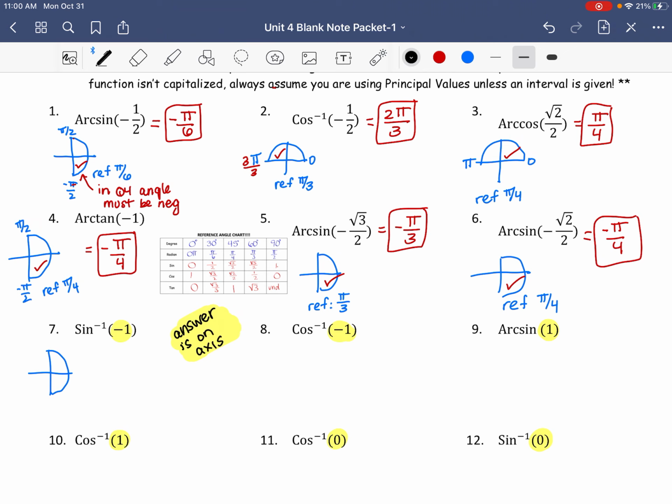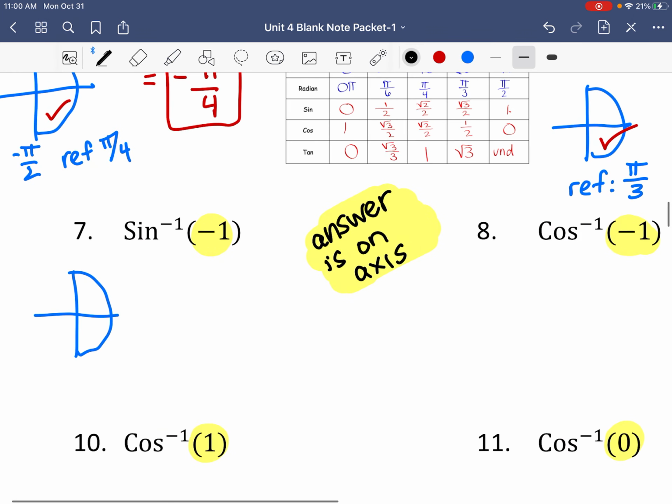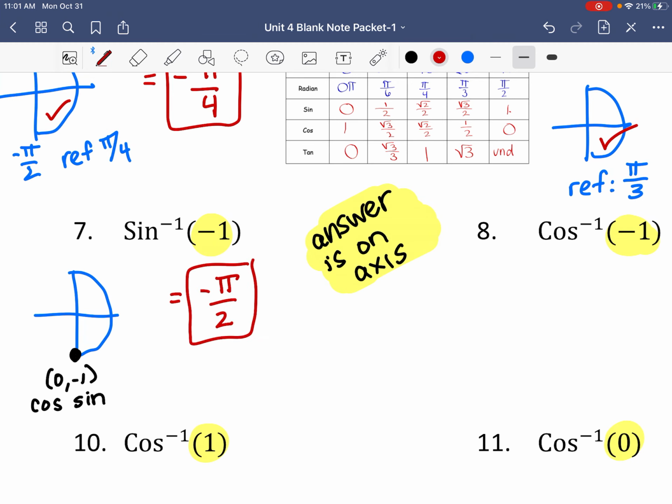It's not in a quadrant. So I want to know, where is the sine negative 1? Well, down here, this point is 0, negative 1. Remember, all of our points are cosine comma sine. So right down here, the sine is negative 1. The angle that is down there, because I rotated down, is negative pi over 2.